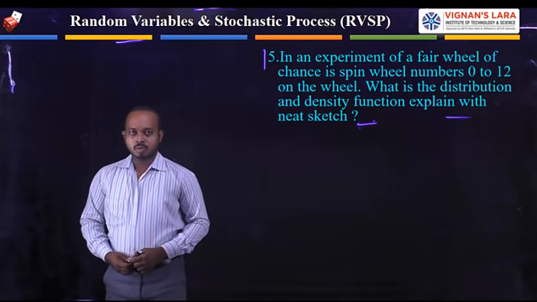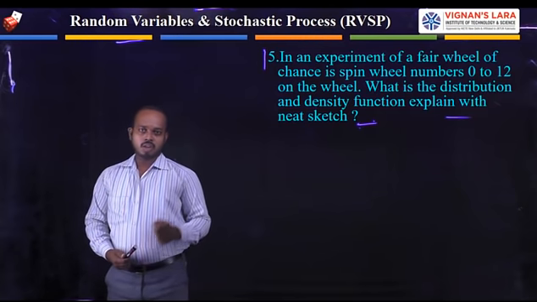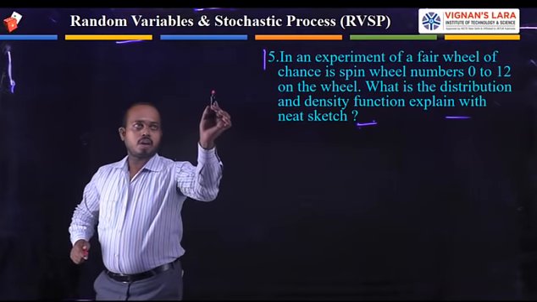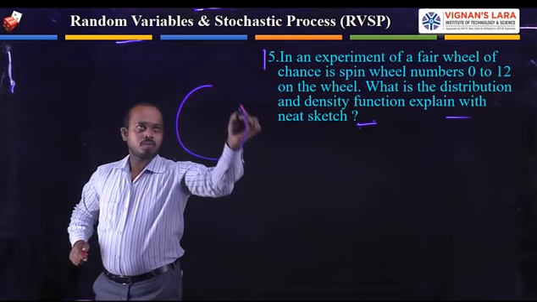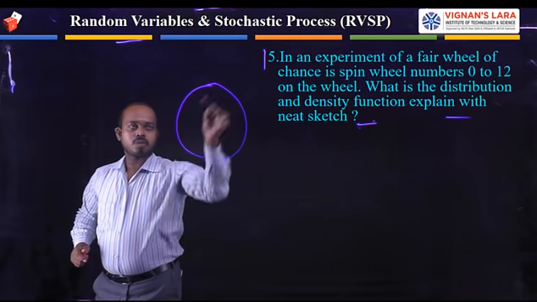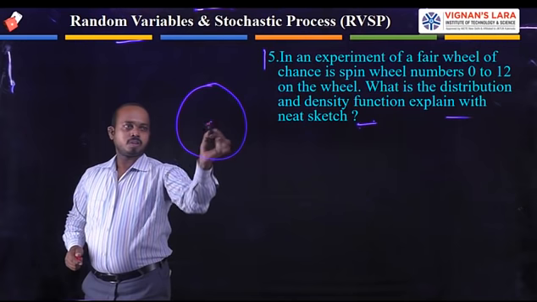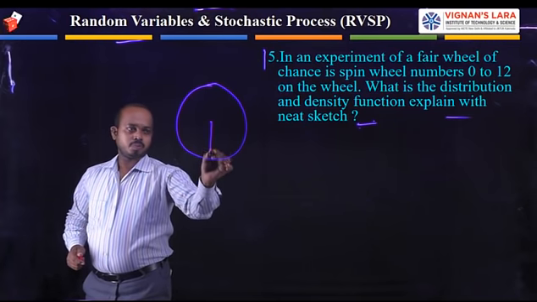First of all, you can see what the spin wheel looks like. The graphical representation of a spin wheel is like this. This one is a spin wheel. At the center, it is marked from 0.